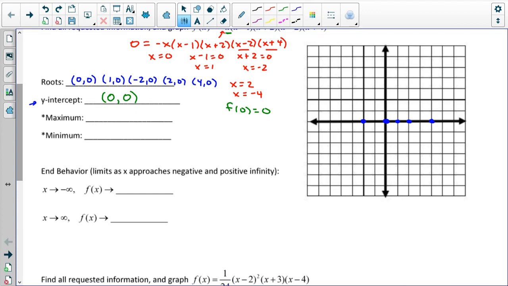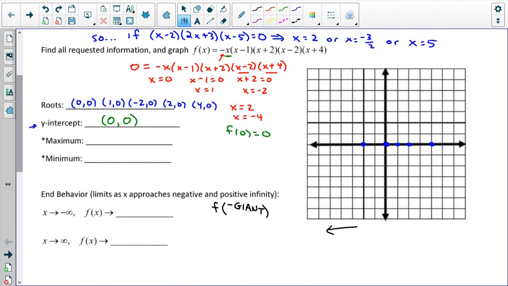If I take a look at f of x and plug in some negative giant number, I have negative times some negative giant number times a negative giant number times a negative giant number times a negative giant number times a negative giant number.